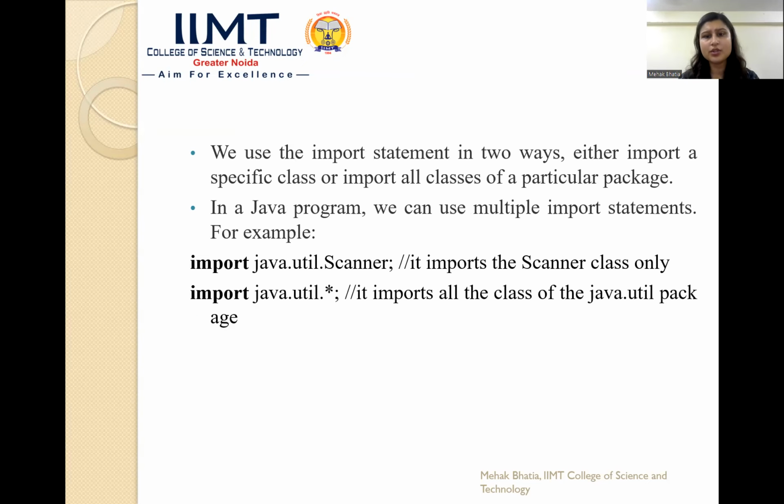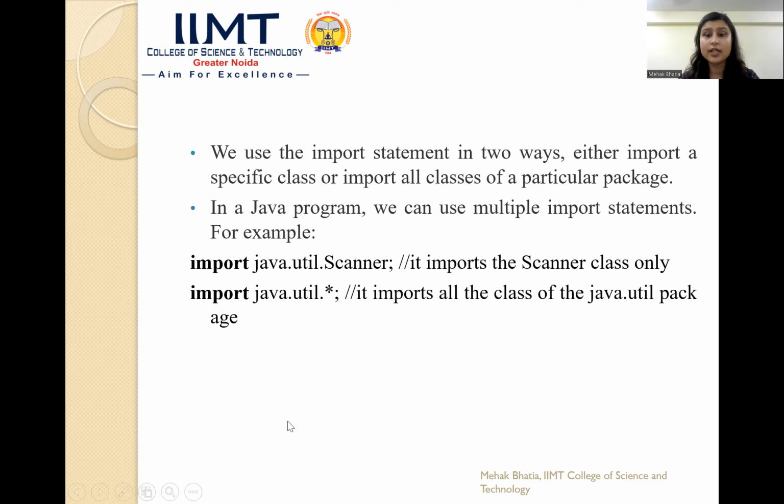We use the import statements in two ways. Okay, we can either import a specific class or import all classes of a particular package. So if you want to import just a particular class, you can write it with the help of the import keyword: import java.util.Scanner. This is one example where you are importing just one particular class, the Scanner class.